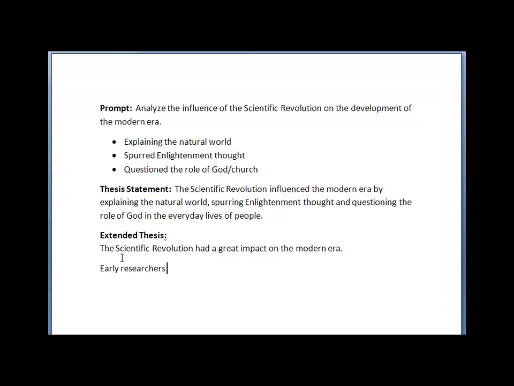Early researchers maybe developed science as a way to explain the natural world around them. Okay, so I've basically said the same thing, but they developed science as a way, so I've added an extra piece in there, a little bit more explanation, so it's a little bit more thorough of a statement than just explaining the natural world.